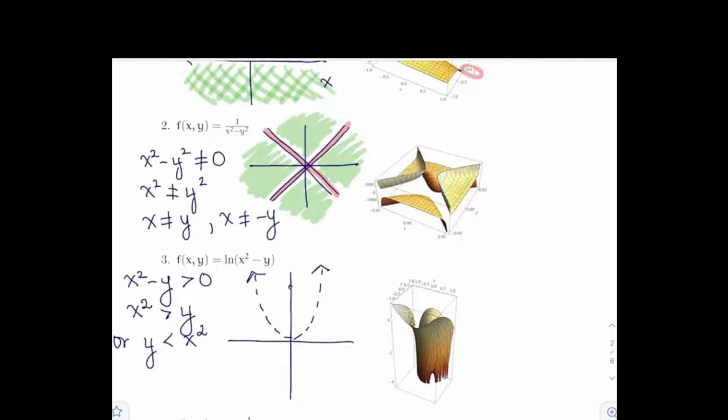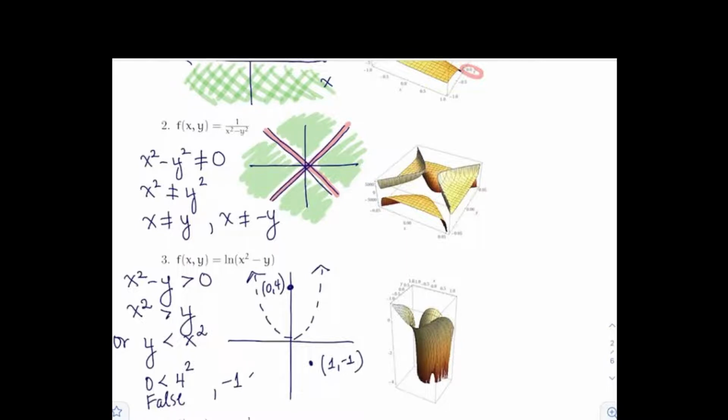So for example, let's pick a point over here. This could be something like 0, 4, right? Is that true? So 0, is that less than 4 squared? No, that's false. So that point does not satisfy this inequality. We can pick a point, let's say right here, something like 1 and negative 1. Is that true?